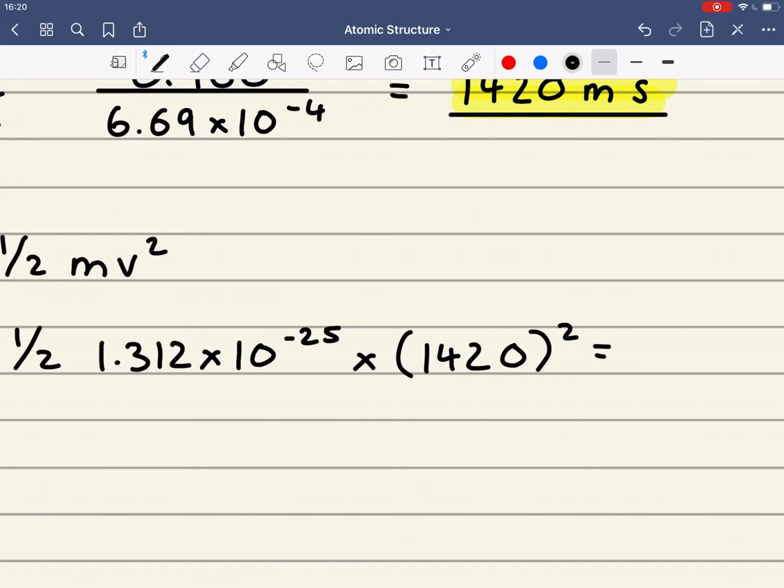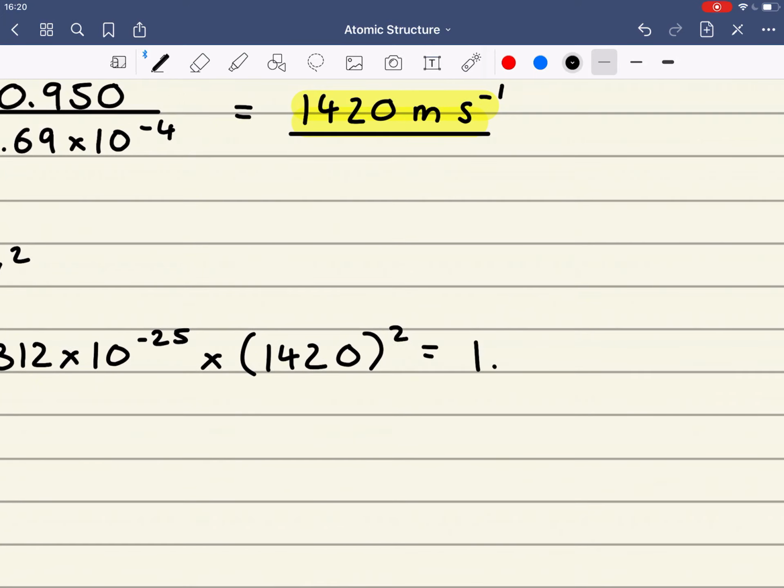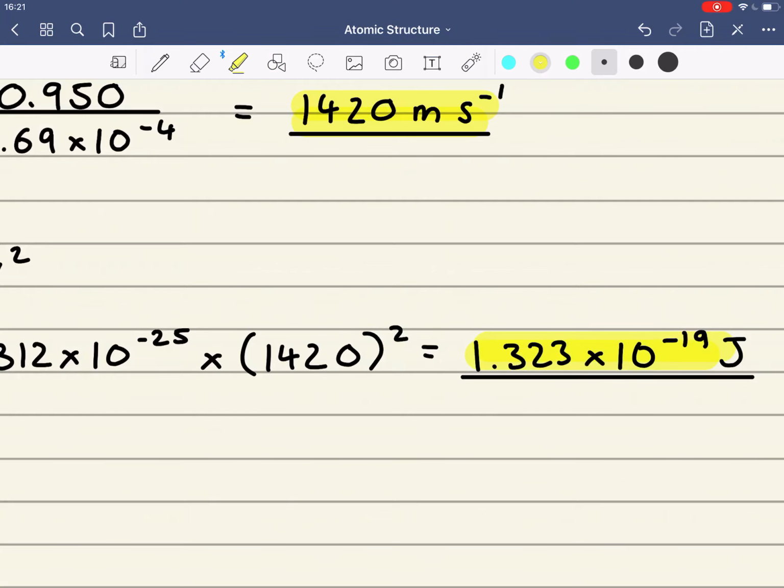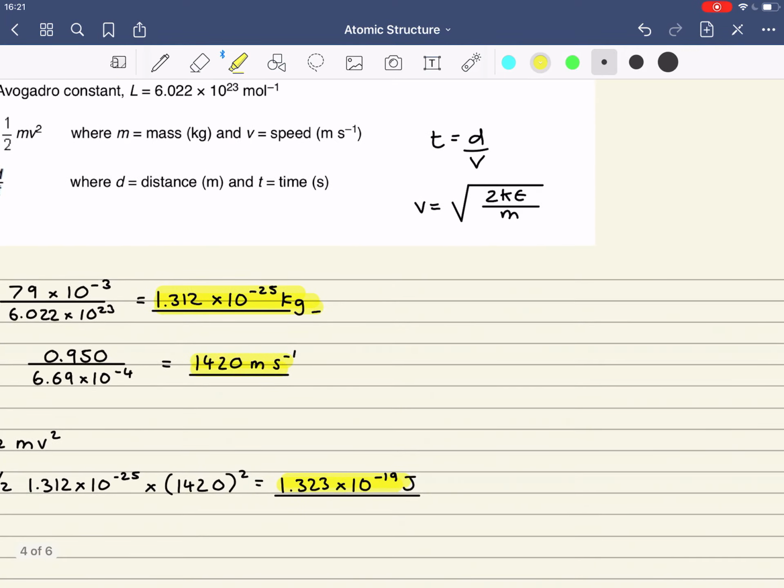That gives me a kinetic energy of 1.323 times 10 to the power minus 19 joules. So I've now got my kinetic energy. Now we can go back and have a look at this. Now I've got my kinetic energy, I can work out my mass, I can work out the velocity. Once I've got velocity, I've been given the distance, I can work out time.